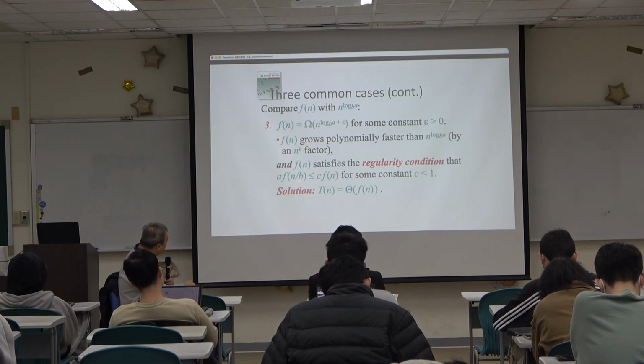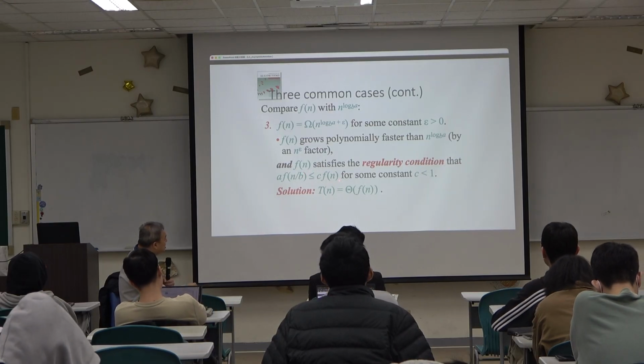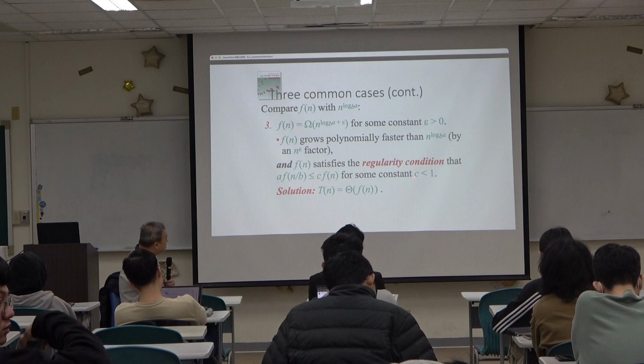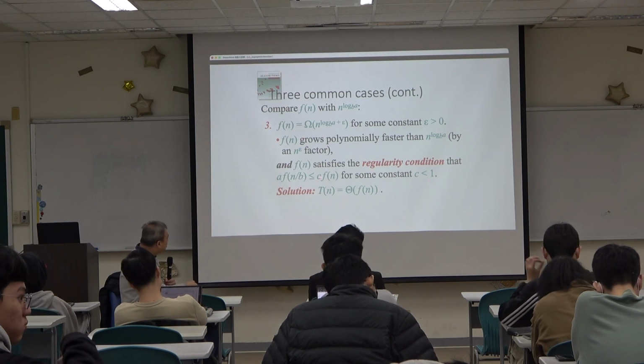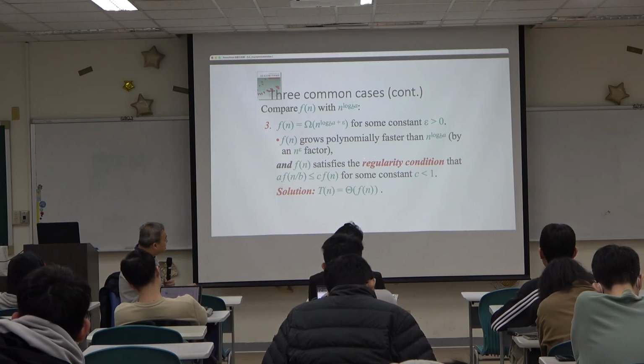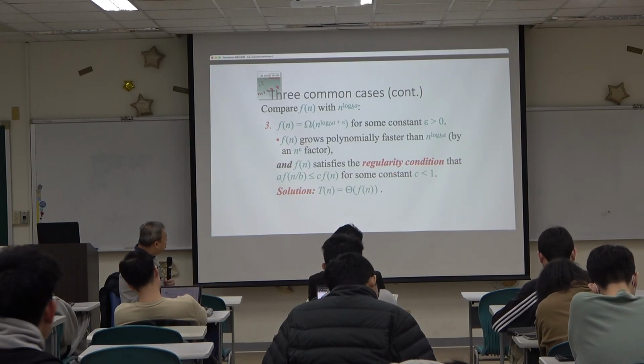A times this is smaller than or equal to c times f(n), with some constant c smaller than 1. Okay, we also need this guarantee. This is the regularity condition.